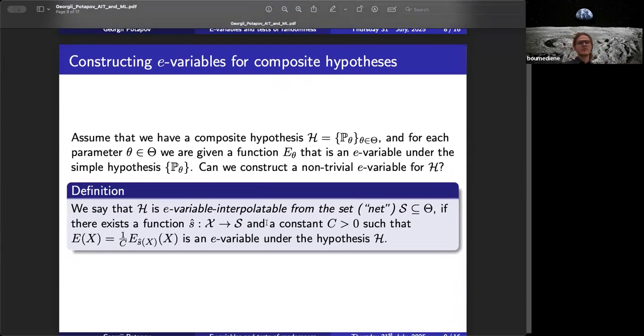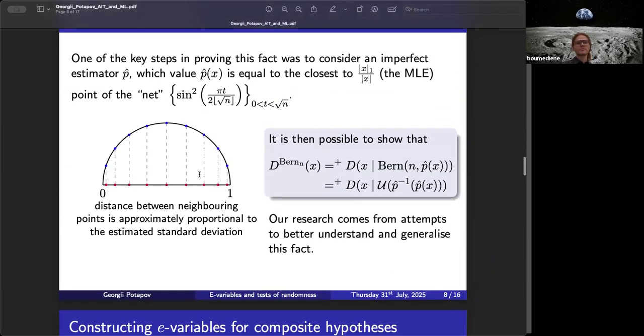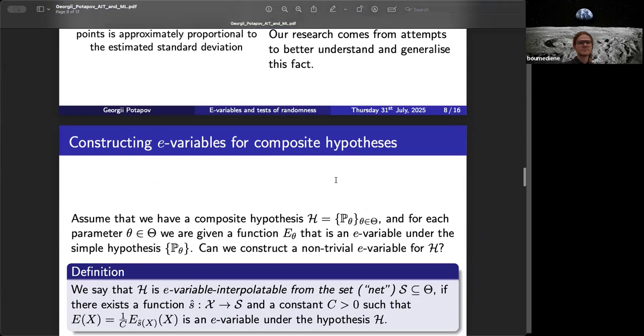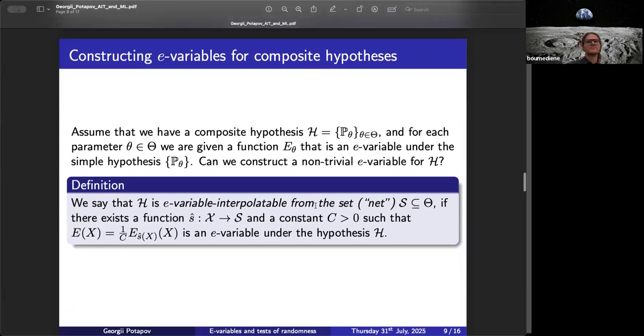Okay, so my research comes from attempts to better understand this fact and generalize it.